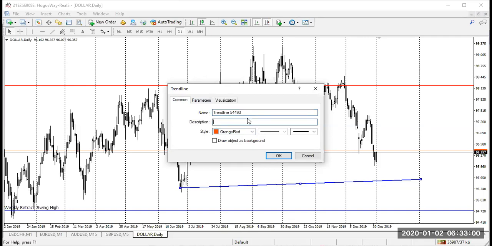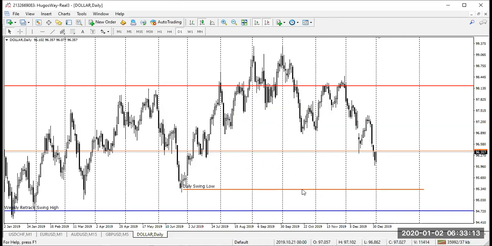This is a daily swing low. Daily swing low here. We got another swing low.